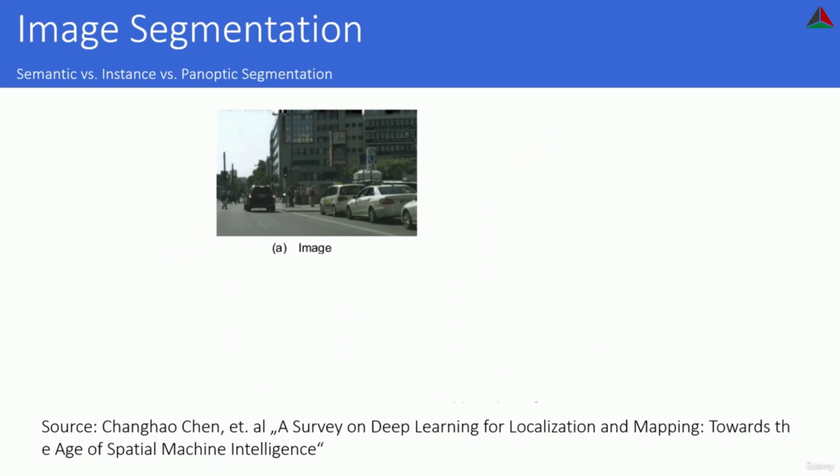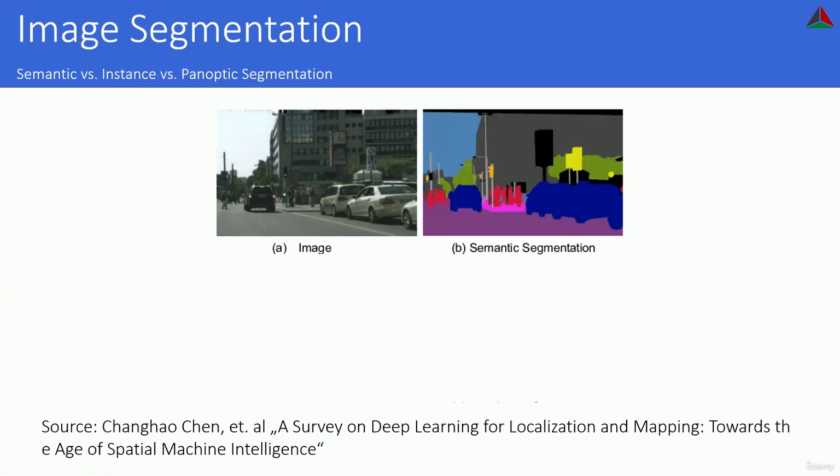Alright, so by now we know the high level of this, but there are actually more techniques in the field of image segmentation. We have semantic segmentation, instance segmentation, and panoptic segmentation. And here I just want to tell you what the differences are. So again, imagine that you have some ground truth image that you can see here. If we're working with semantic segmentation, then you can see the corresponding result here.